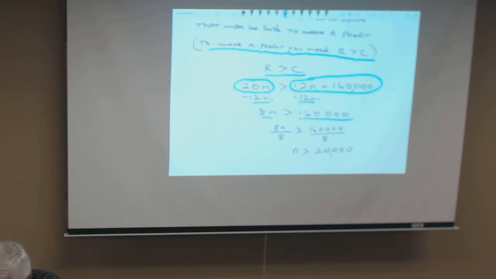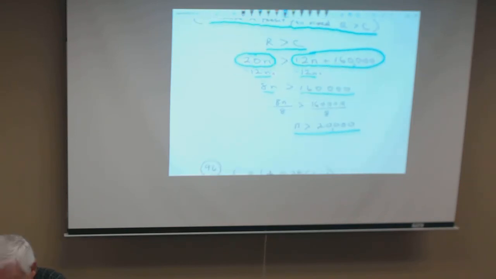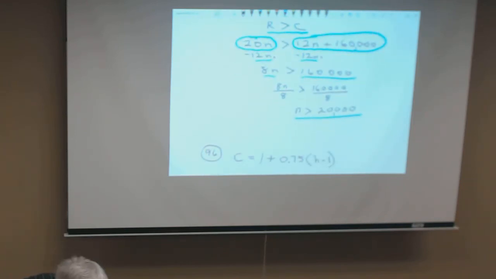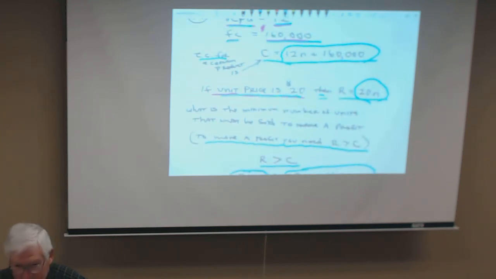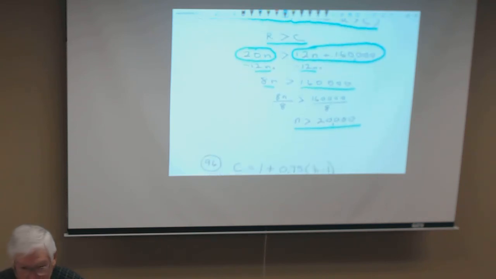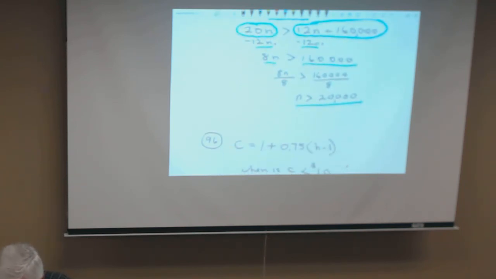Divide by 8. N has to be greater than 20,000. So what did I just figure out? How many units do I have to sell to make a profit? 20,000 units. You say, why do you have to sell so much? Because the cost is this $160,000 machine that says I better crank out 20,000 units or I'm not going to make any money.